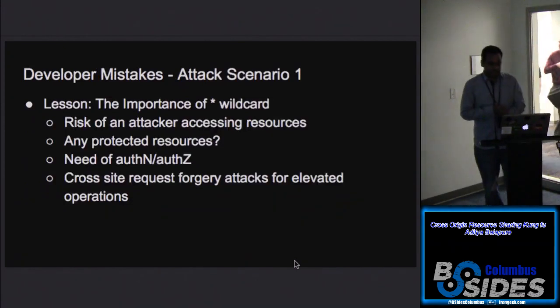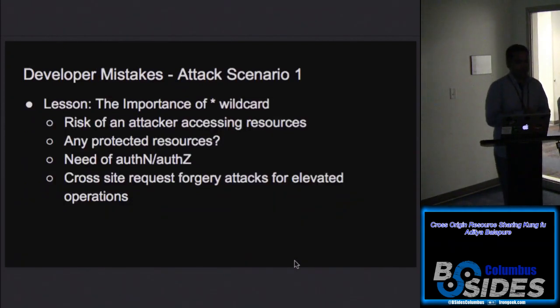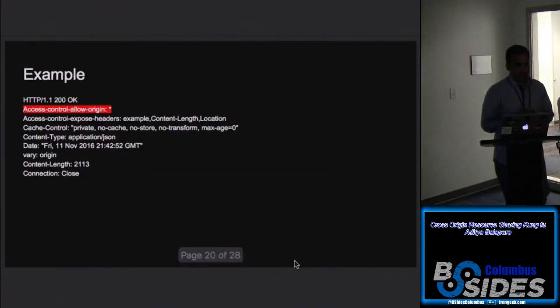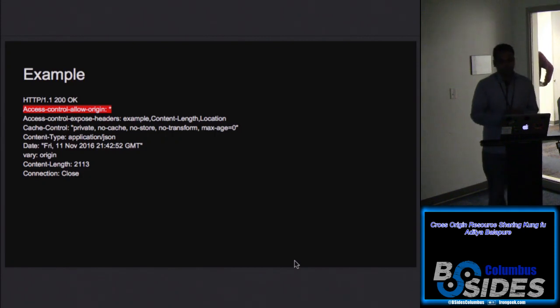So as we covered, there are developer mistakes which can really happen across these cross-origin servers. And again, as we covered in the example here, when the cross-origin server responds back with an Access-Control-Allow-Origin set to star, what does that basically mean?